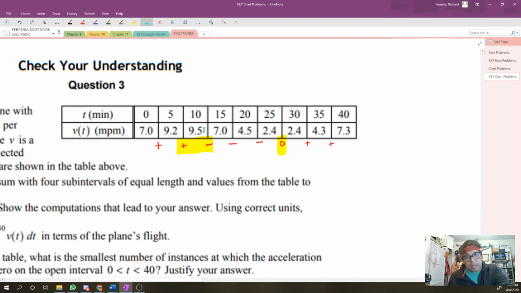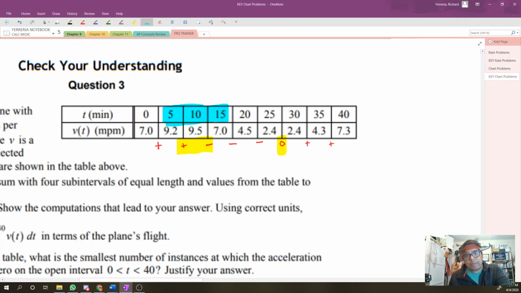time interval. Now, the fact of the matter is that we don't know that that relative maximum happens at t equals 10. Maybe it happens somewhere between 5 and 10. And if it can happen somewhere between 5 and 10, it could also happen somewhere between 10 and 15.